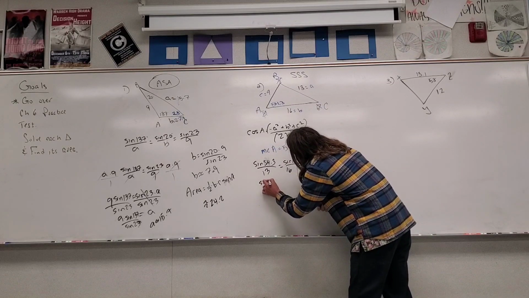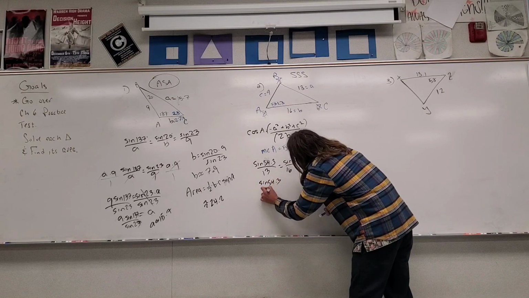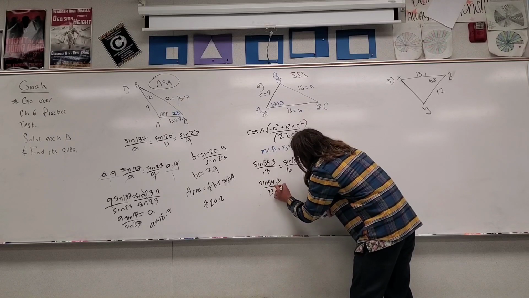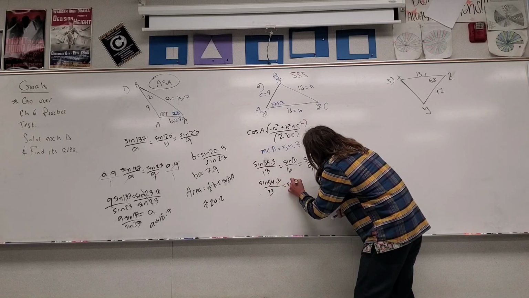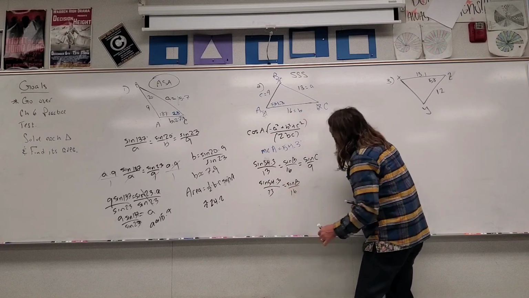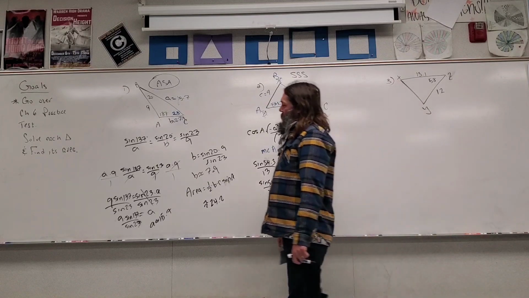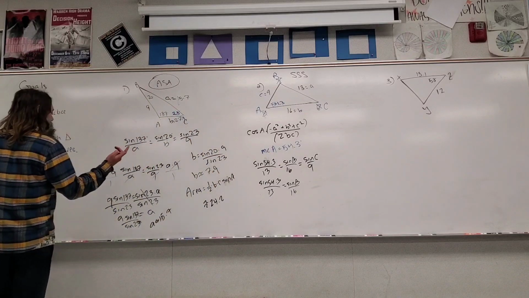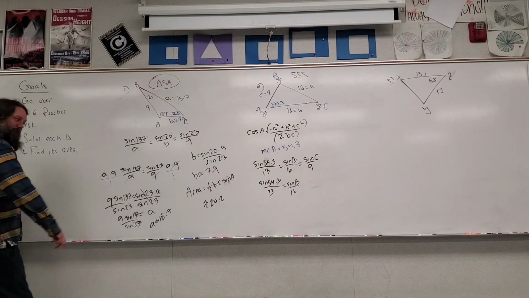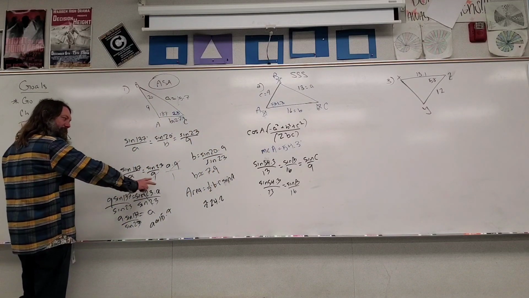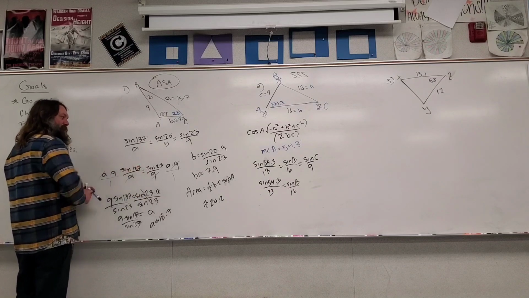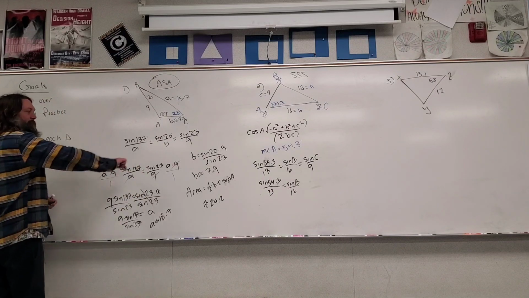So the sine of 54.3 divided by 13 equals the sine of angle B divided by 16. I just need to get this guy by itself. Now, over here, I knew that I needed to multiply everybody by the denominators because my unknown was in the denominator.